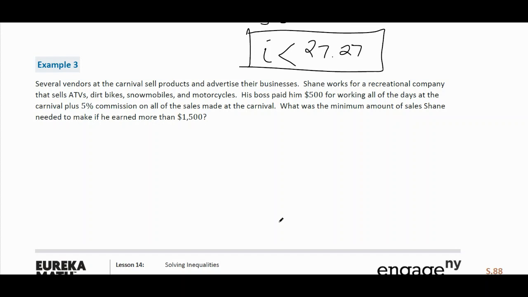So when we say 5% commission, it means, let's say, I am a salesperson and I'm going to sell 100 pieces of this particular item that costs $100 each. So it means I'm going to multiply 100 by, sorry, 100 times 100.